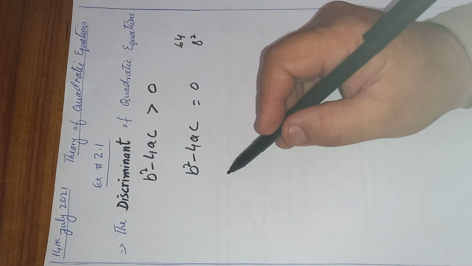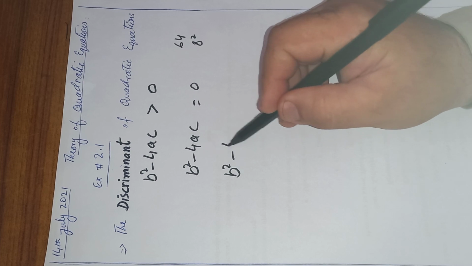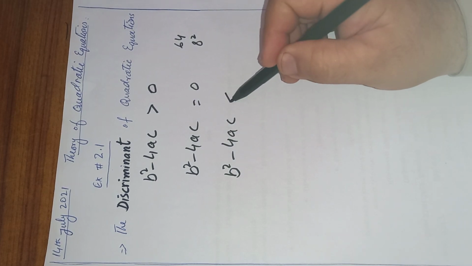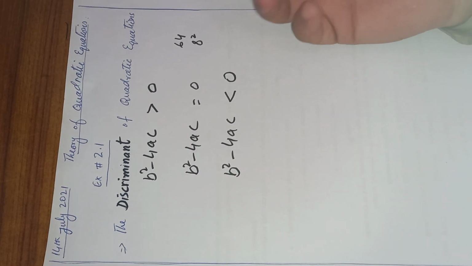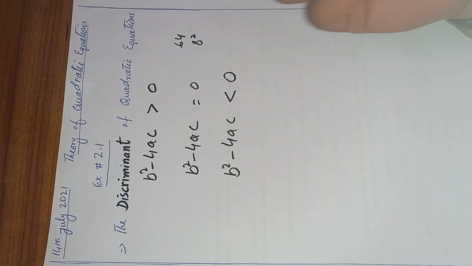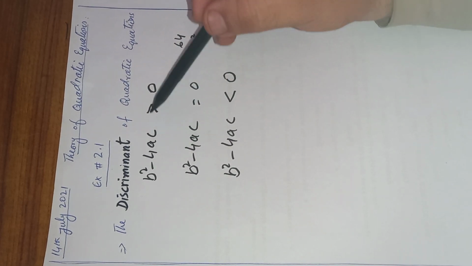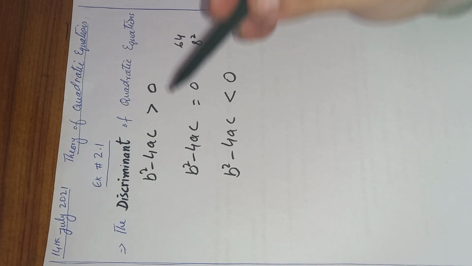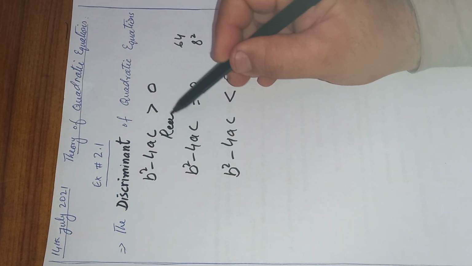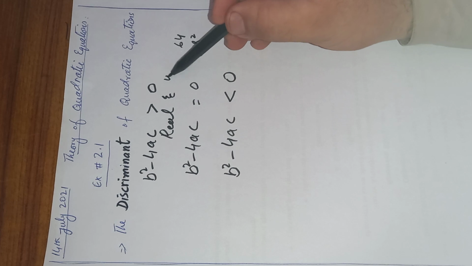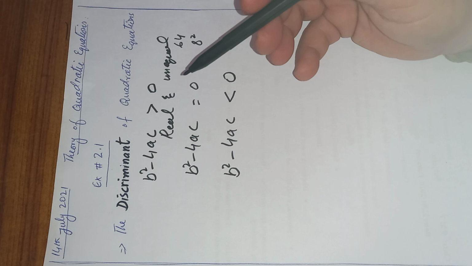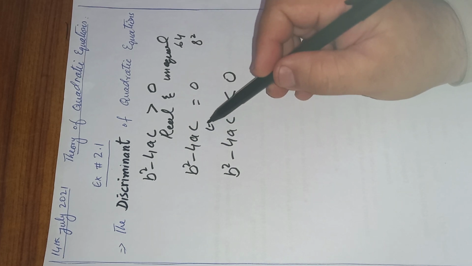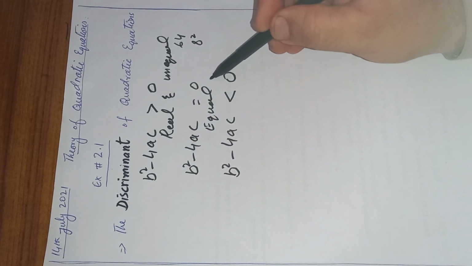And in the third case, when b square minus 4ac is less than 0, the roots will be called unequal and imaginary. When the discriminant is greater than 0, roots are real and unequal. In this case, the roots are equal and real.